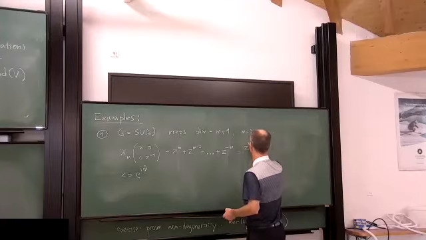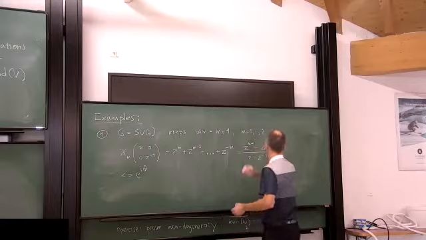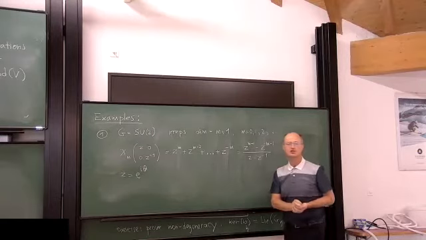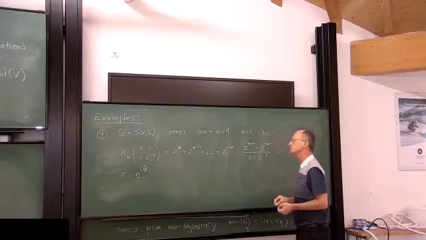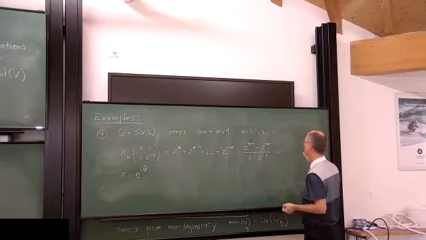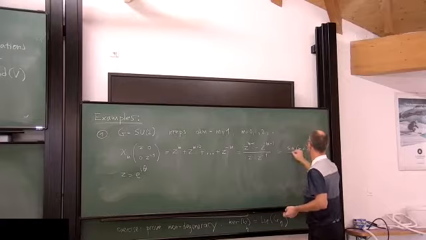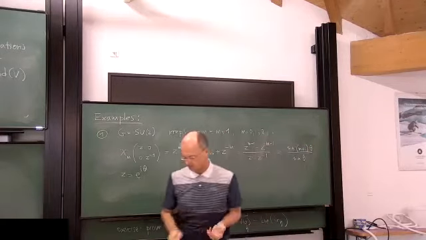I can also, of course, now sum up this geometric series to obtain this formula. Sometimes it would be nice to have expressions in terms of z, or I can also substitute z equal to exponential of i theta, and here I will have sine of m plus 1 theta divided by sine theta. So that's an instance of the Weyl character formula in the case of SU2.